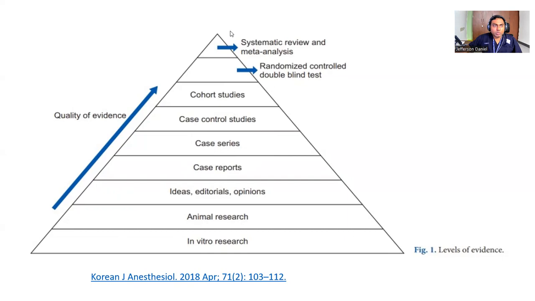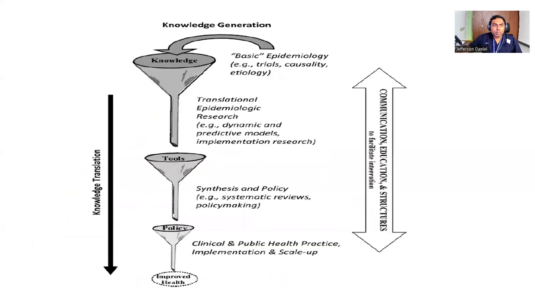So that's why it's very important. Somebody has to sit and collect all the randomized control trial data on a particular topic, or cohort studies or case control studies, and combine them to give a final pooled estimate, which is going to be the highest quality of evidence available to us.